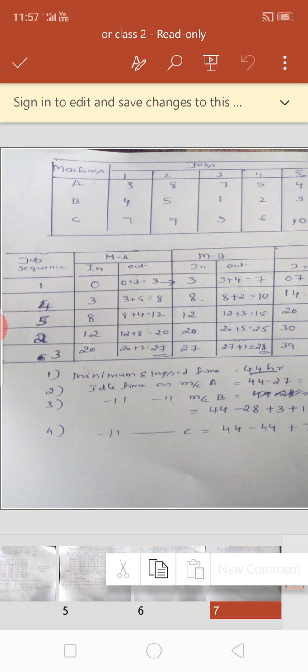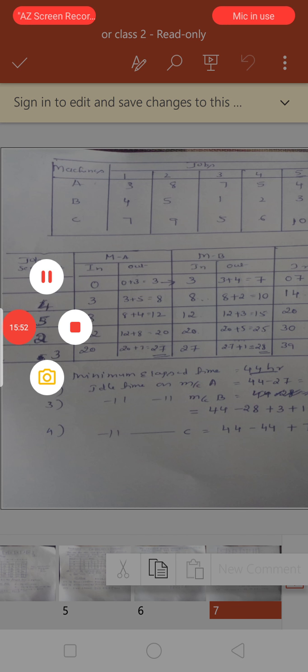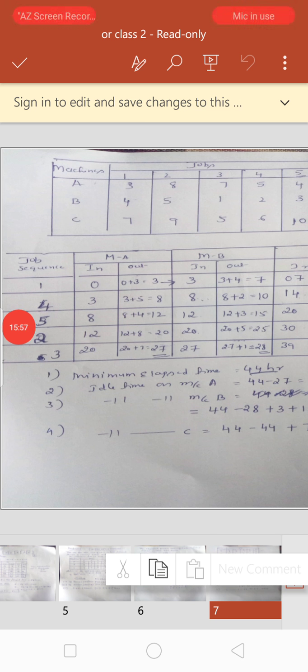After completion of the 8th hour only it is going to come to machine B. Yes or no? That's why I just told you, look at the out times of machine A before writing your starting time for machine B. Now 8 is the greater one. After completion of 8 hours only it will be introduced into machine B. That's why instead of 7 you need to write 8.